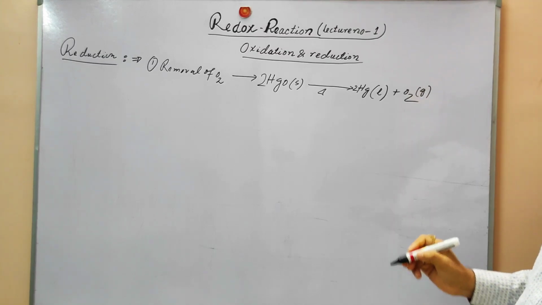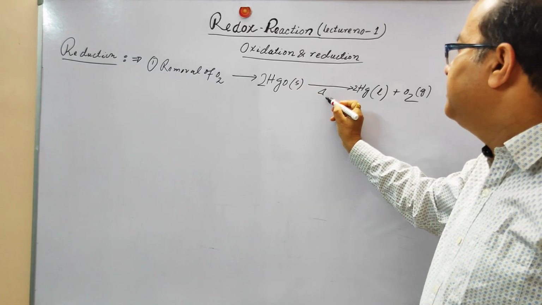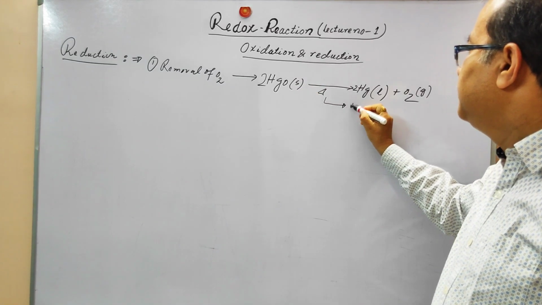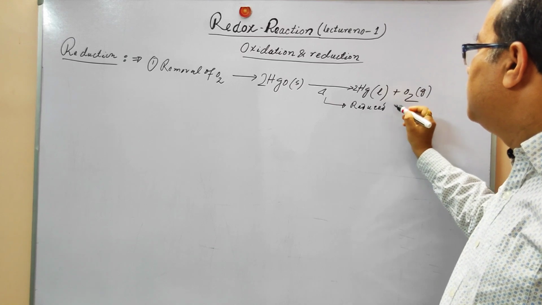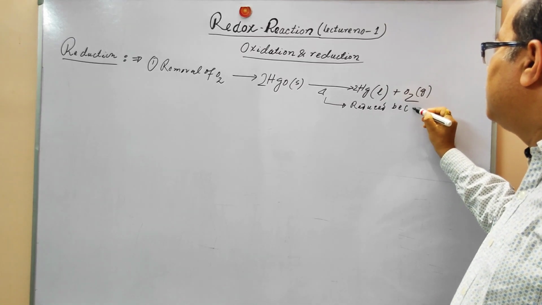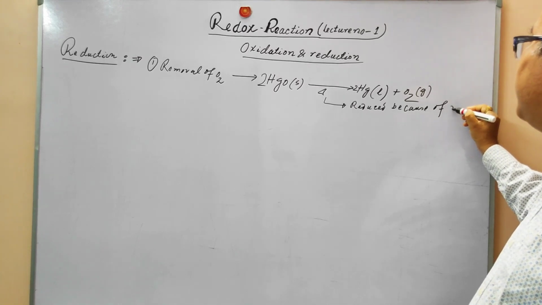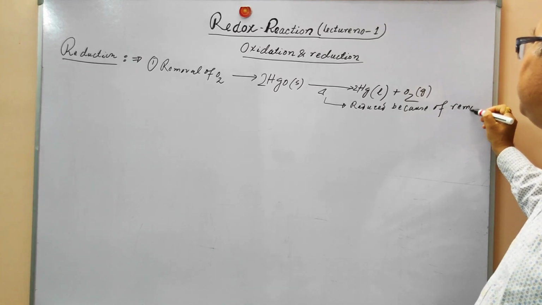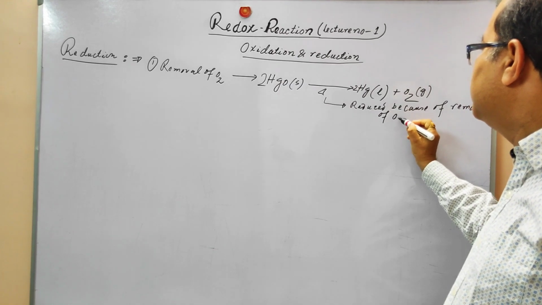In this case, we will call the mercury oxide reduced. It is reduced because of the removal of oxygen.